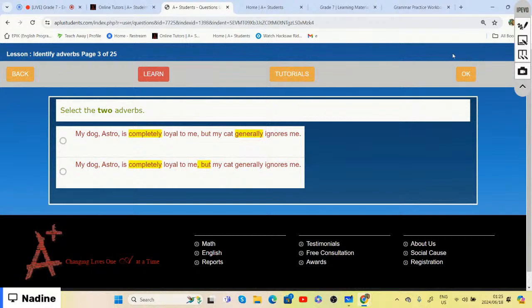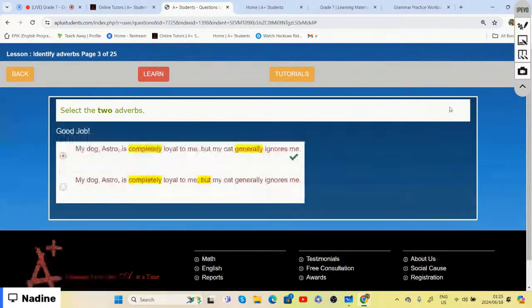And if we were to choose the correct one, we'll go with option one, which is completely and generally.